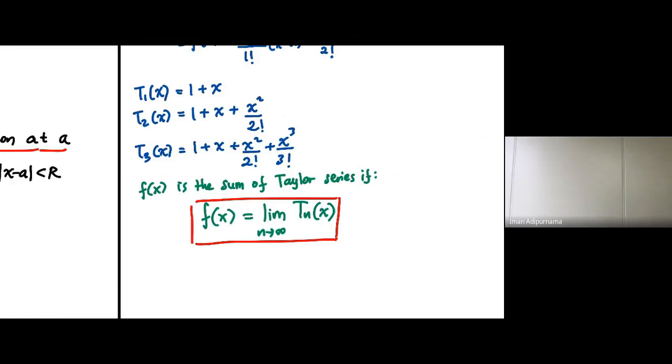We need to evaluate the limit of the partial sum. If we can find this limit, then we can know whether the function has a power series representation or not.